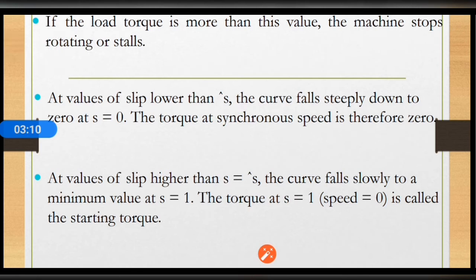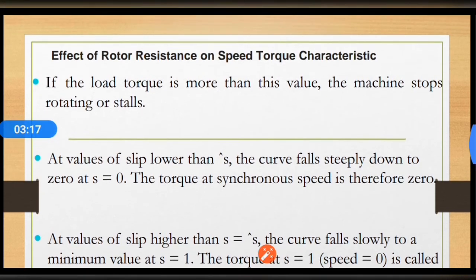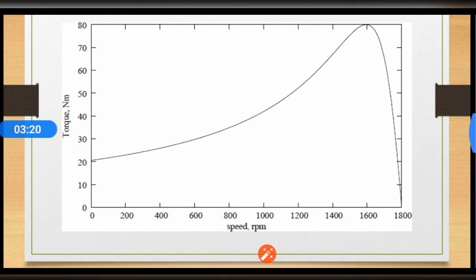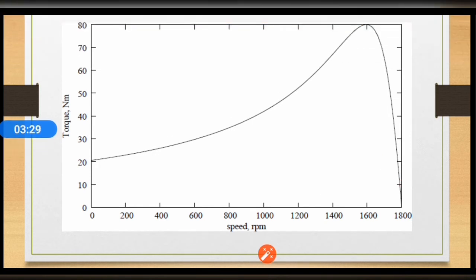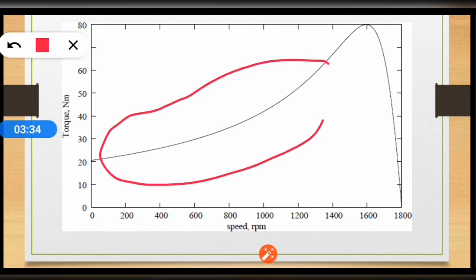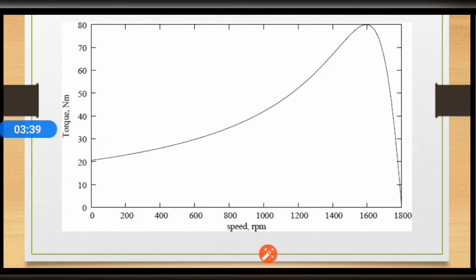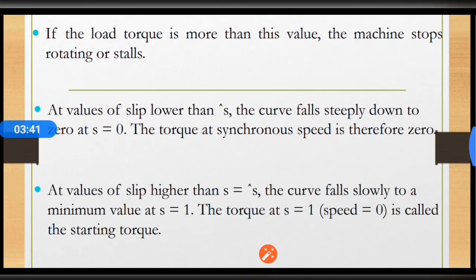For a very low value of slip, the torque slip characteristic is linear, with a very steep slope, whereas for the high slip region, the curve has a gradual slope, not a steep slope. This is discussed in this slide.